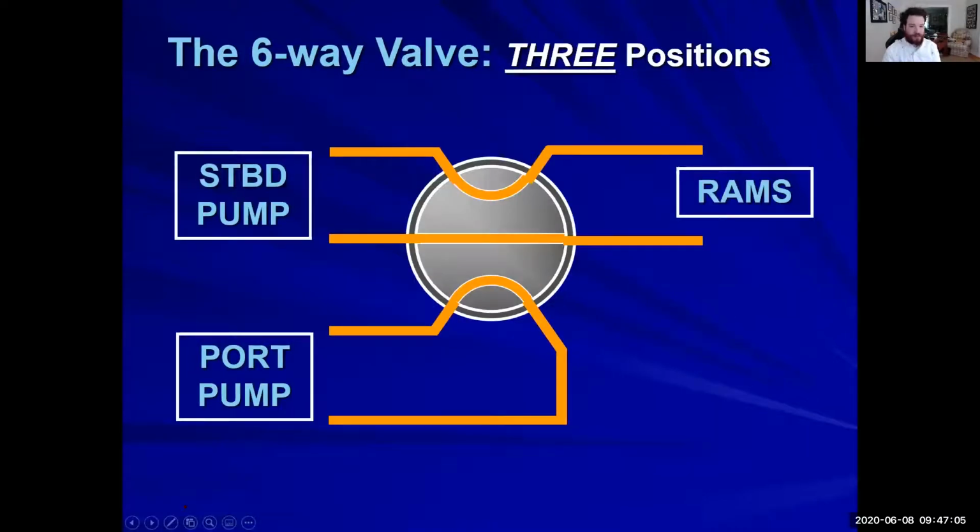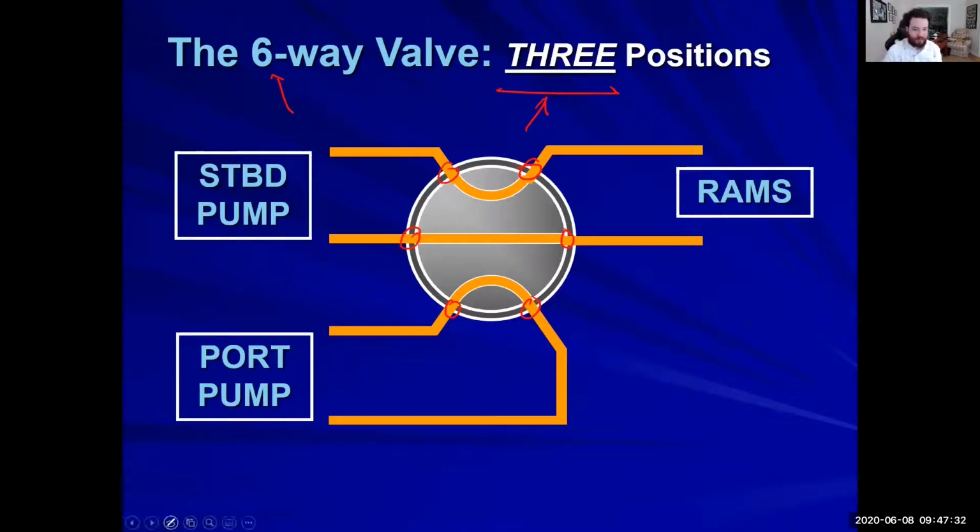So the six-way valve has 3 positions only, not 6. It's called a six-way valve because it has 1, 2, 3, 4, 5, 6. All right, 6 inlets or 6 outlets, depending on which way the fluids are going to be going.